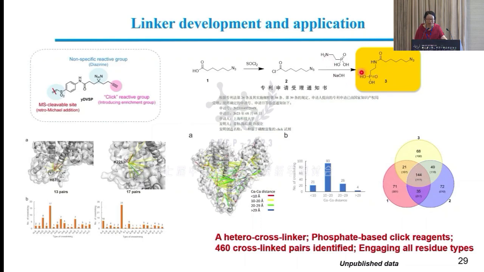This kind of reagent has applied for patents, and we can use these two methods to develop phosphate-enrichable cross-linkers. This cross-linker is extremely efficient. 416 cross-linked pairs were identified involving almost all residue types. And the application of this cross-linker to complex systems is now going on.